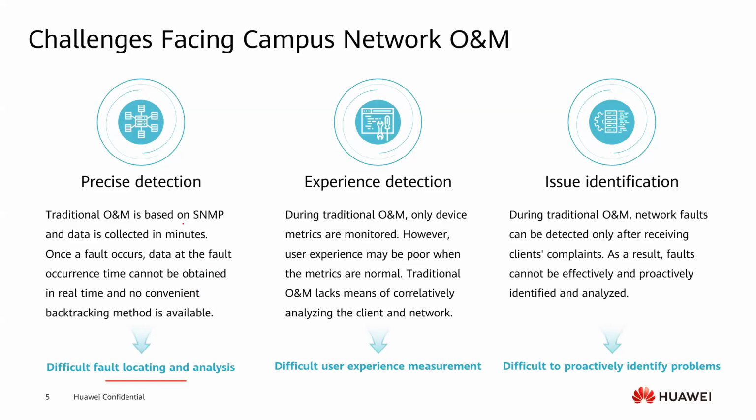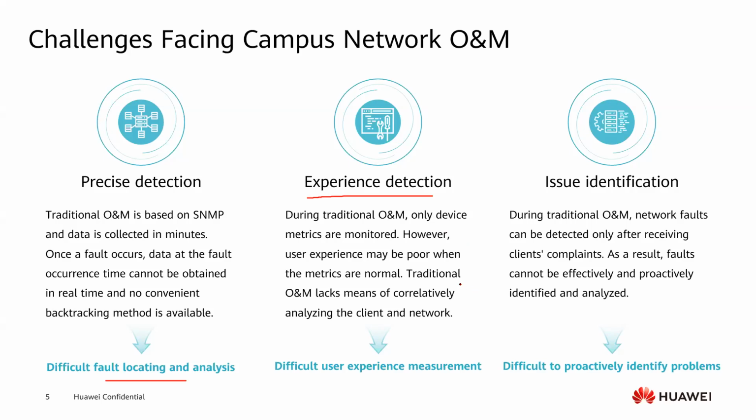So it's difficult to analyze what happened, and it does not support detecting the user's experience. Only when the user's experience has become poor will it alarm you that the network has a fault you need to repair.